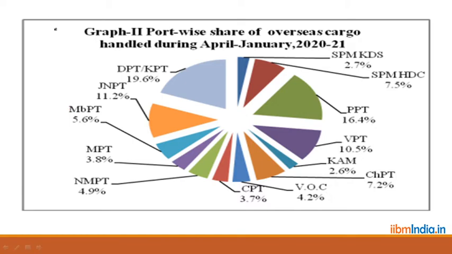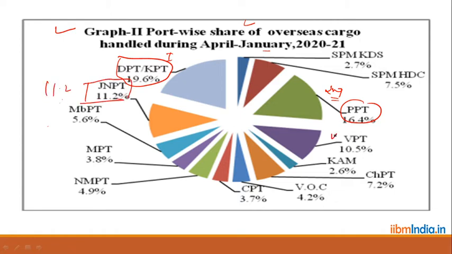Now, port-wise share of overseas cargo. That is all about the overseas cargo. Again, giving you 1 minute, you can see it. Maximum is DPT, KPT 19.6. Second is 16.4, PPT. Third is JNPT, Jawaharlal Nehru Port Trust, 11.2. Fourth is BPT 10.5.